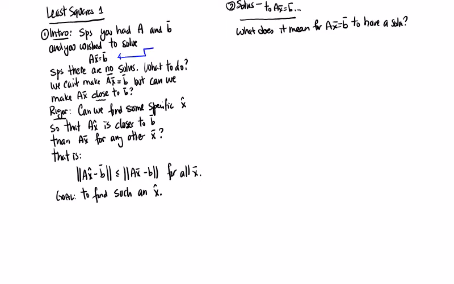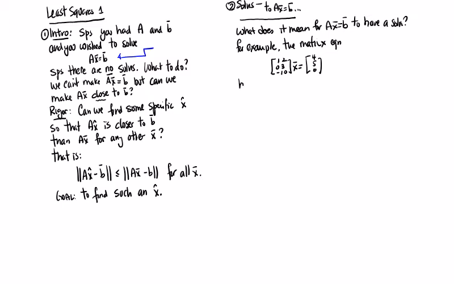So let's look at an example. The example will be enough to answer the question. So the matrix equation, say [1, 2; 0, 3; -1, 0] X equals [4, 5, 6].